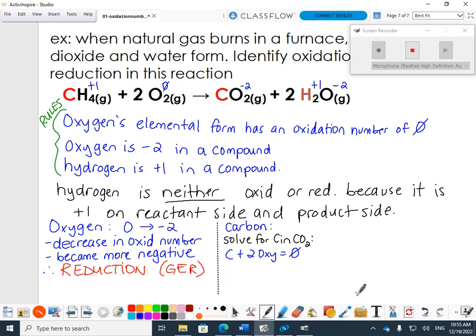So we're going to apply the rule: oxygen is -2 in a compound. Is +4 a possible charge for carbon? It sure is. So I'm going to label that up here. If you're out of room, we already did C in CH4 on the other slide, so you could just write it down.